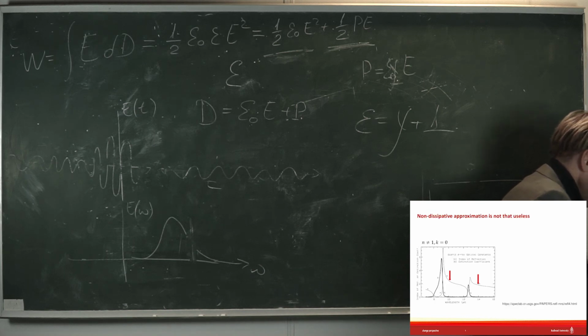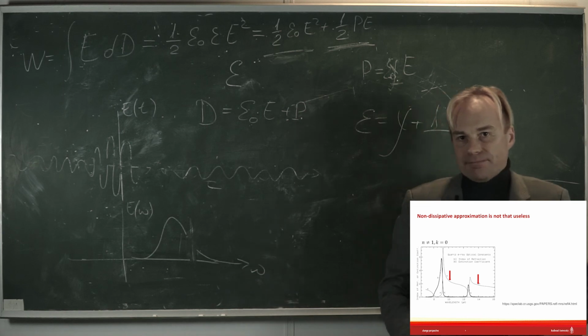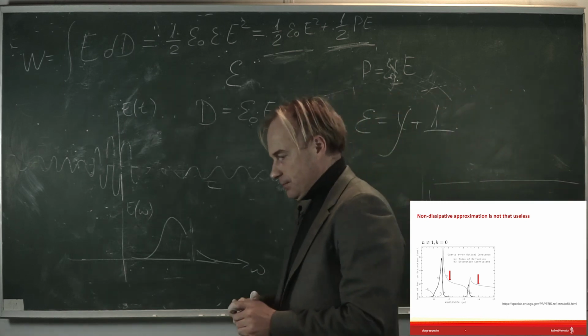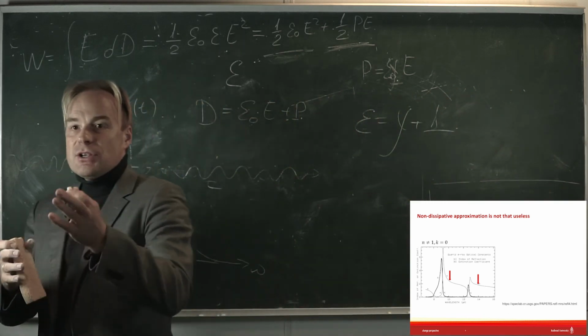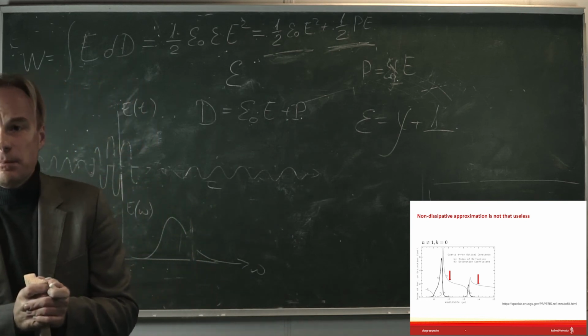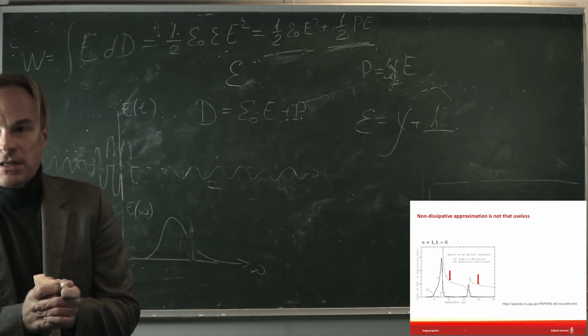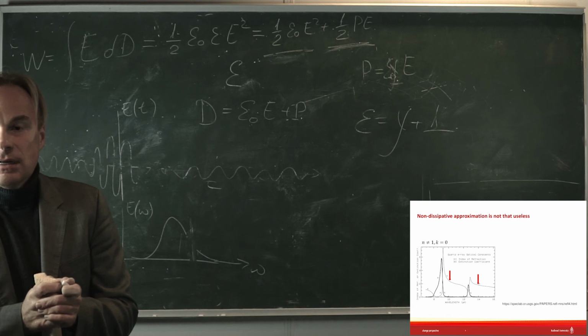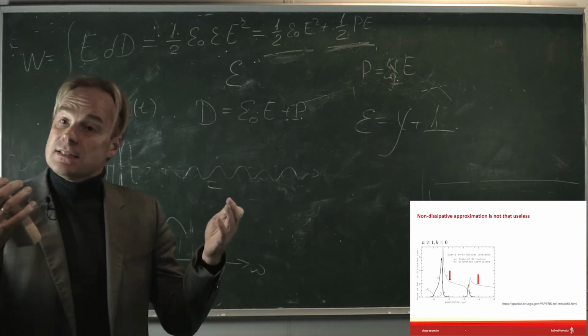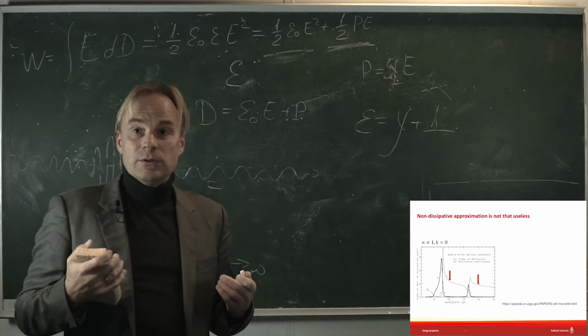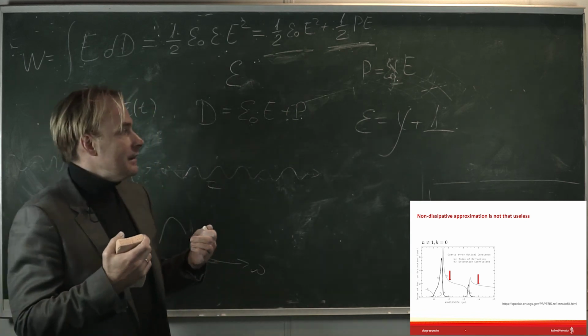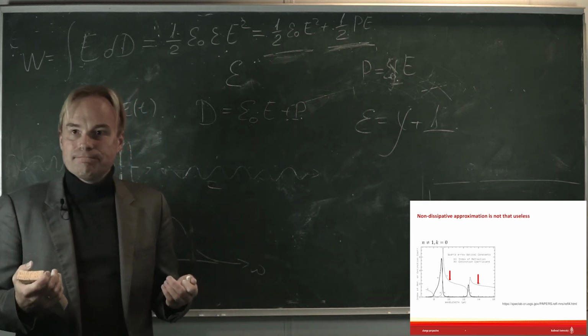Another very important statement is that if you measure a spectrum, and imagine that we measure a certain part of the spectrum where the absorption coefficient is 0, but somehow the refraction coefficient is not equal to 1, it would mean that there is absorption somewhere.